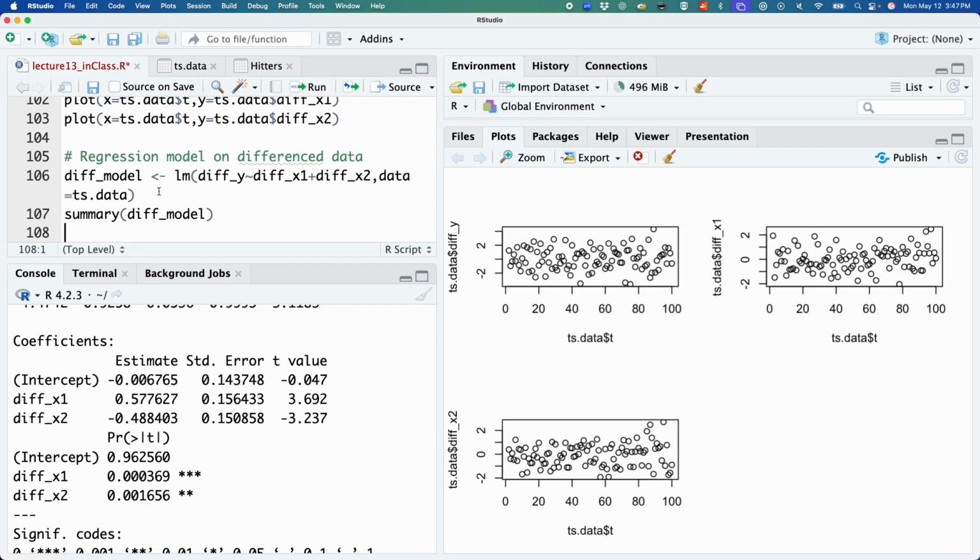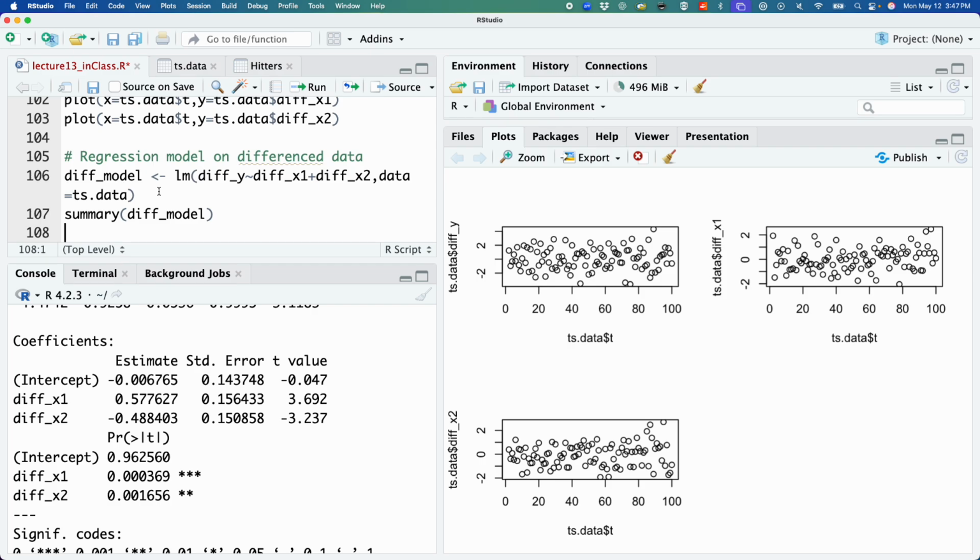So this tells us, right, from the stationary data, the relationship of the change in x1 relative to the change in y looks something like 0.6, and the change in x2, if you change that value, would relate to a delta y change of negative 0.5-ish.